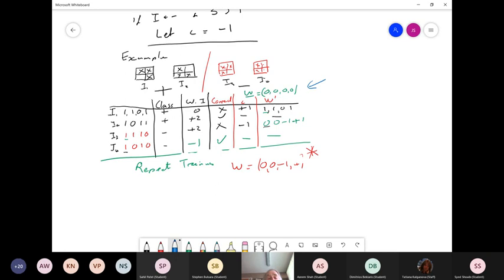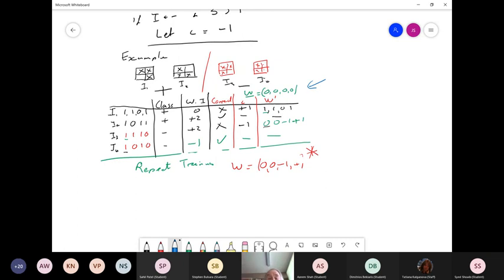And for the first pattern, we calculate w dot I. And if w is 0, the scalar product of that with the first pattern is going to be 0. It should be a positive class. It is therefore incorrect. So we want it to be positive. C is plus 1.